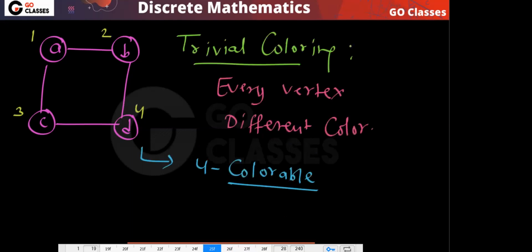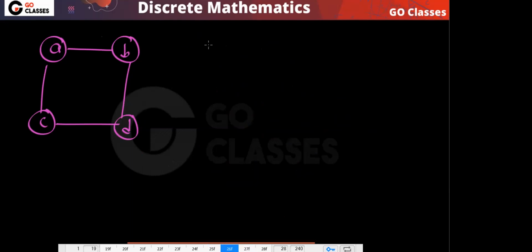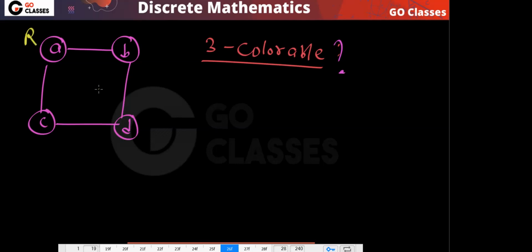Now let's see this same graph. Is it 3 colorable? Can you give a 3 coloring for this? Can I color this using 3 colors? Yes. What I can do, I can give color red here.